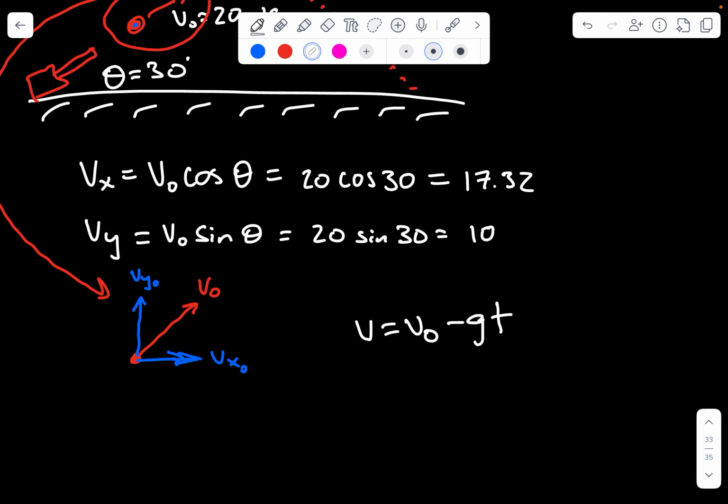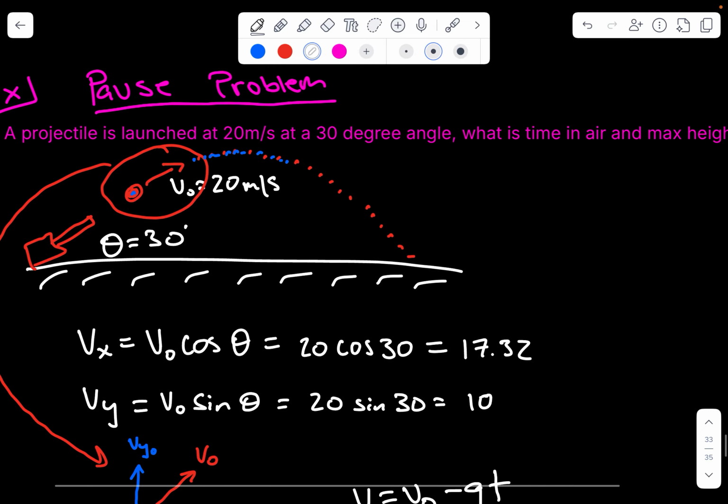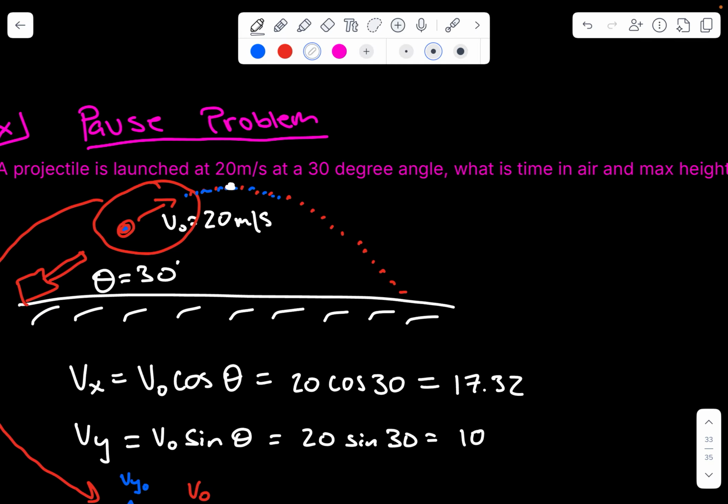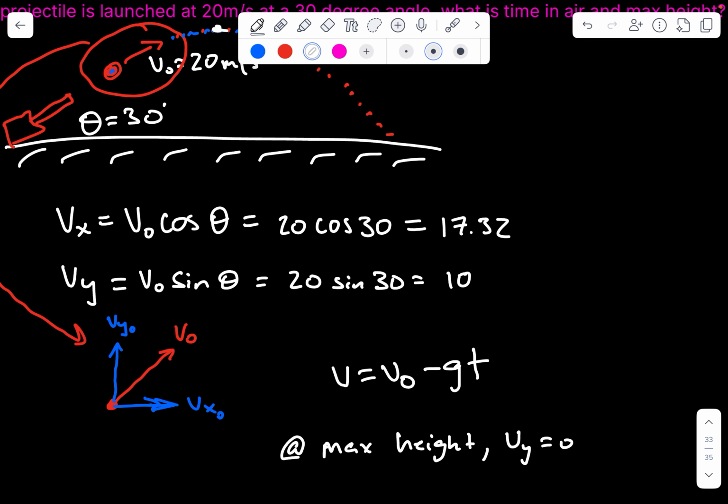So at max height, Vy is 0, right? At this point, we only have horizontal motion. It is not accelerating up or downwards anymore at that point. As soon as I cross that part, we now have velocity in the y direction going down, but right at that peak, velocity in the y direction is 0.